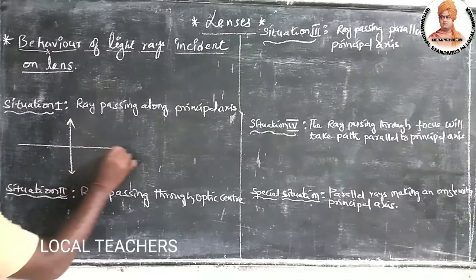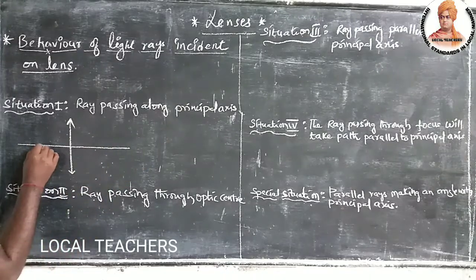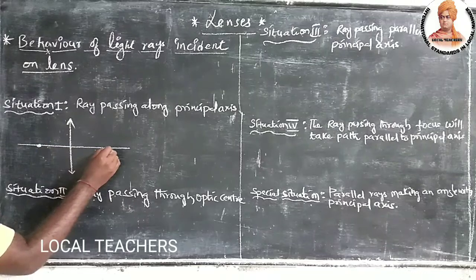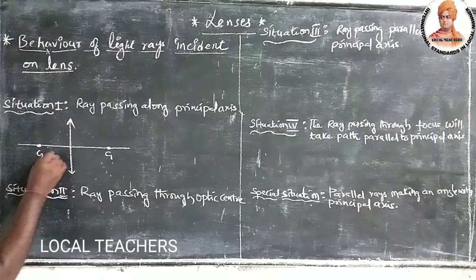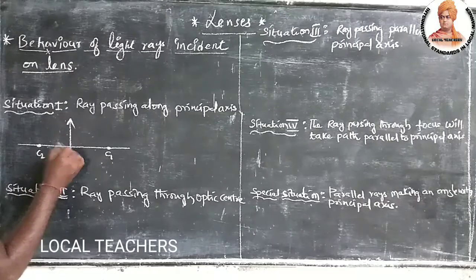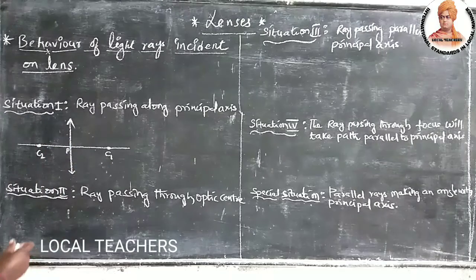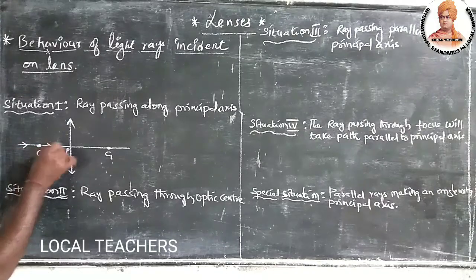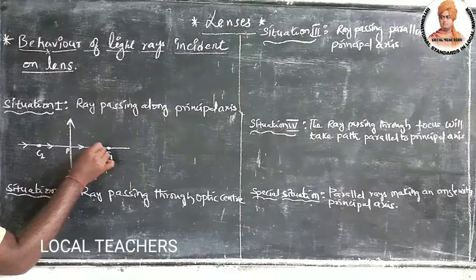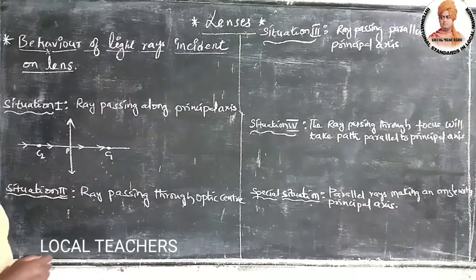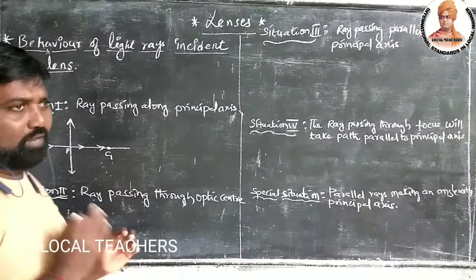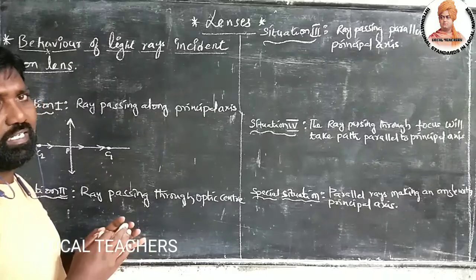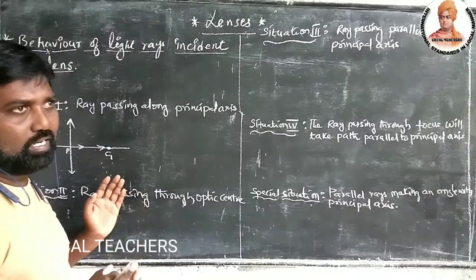This is the principal axis, which passes through the centers of curvature. This is the optic center P. If a ray follows along the principal axis, after refraction it will not deviate.